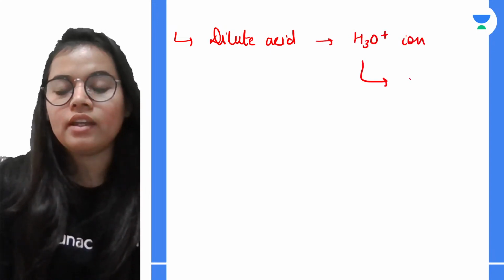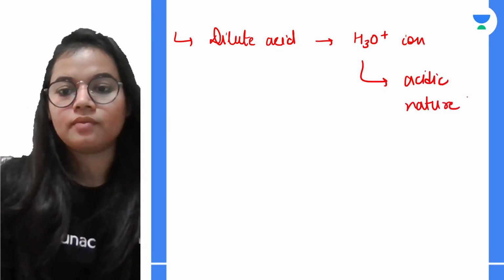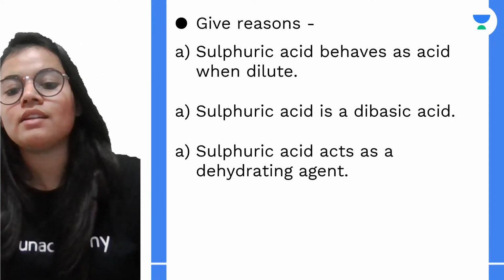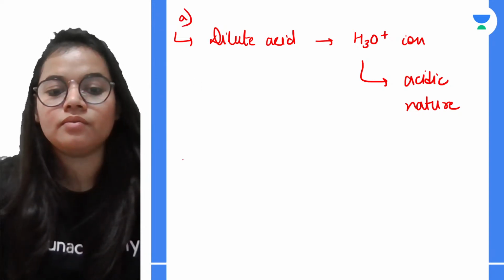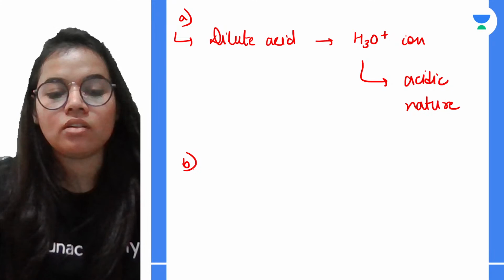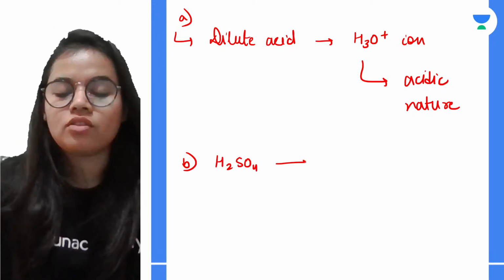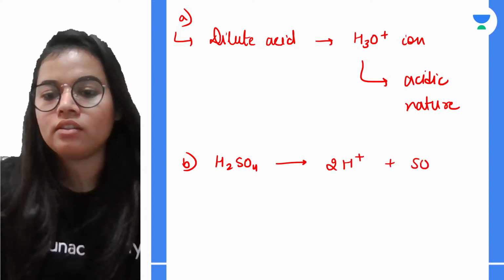Okay, and it shows the acidic nature. Next is sulfuric acid. It is a dibasic acid. So why do you think it is a dibasic acid? Talking about H2SO4, if it dissociates, we get this.